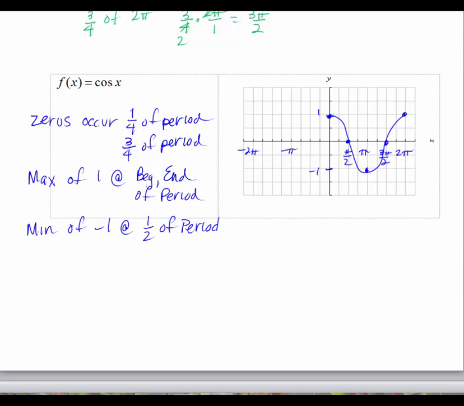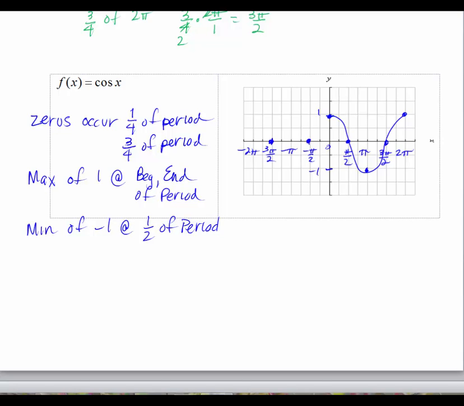I'll do the same thing from -2 pi to 0. The 0 is right here. So cosine, mark off my pi over 2, and so -3 pi over 2 is right here, -pi over 2. So I know that cosine has zeros at a quarter of the period and 3/4 of the period.